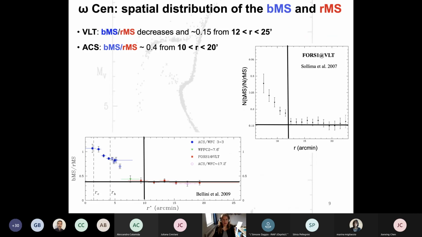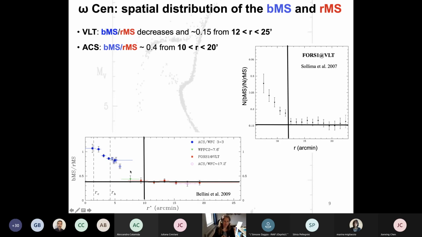Then this splitting of the main sequence was also observed photometrically thanks to VLT, again with the 8-meter telescope. And a few studies were published later, about 10 years ago or more, about the ratio of the number of blue main sequence stars over the number of red main sequence stars, because we wanted to understand if these two subpopulations in Omega Centauri have the same spatial distribution as a function of distance from the cluster center, you see here, up to, in this case, 20 or 25 arc minutes from the center.